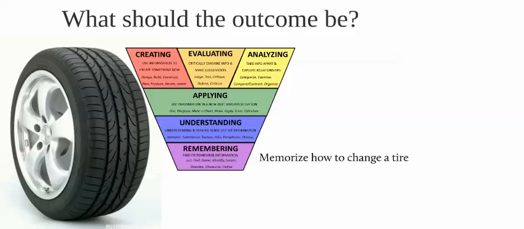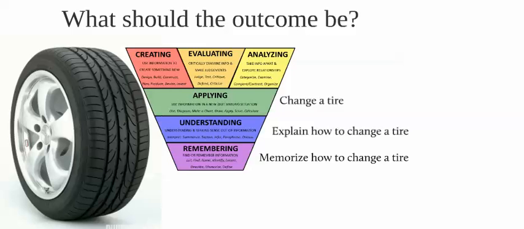That would be nice, but simply being able to recall a list of steps is not the depth that I'm looking for. I could go with understanding something. I could have them explain how to change a tire, and if they can explain it, maybe they would be able to remember it as well.